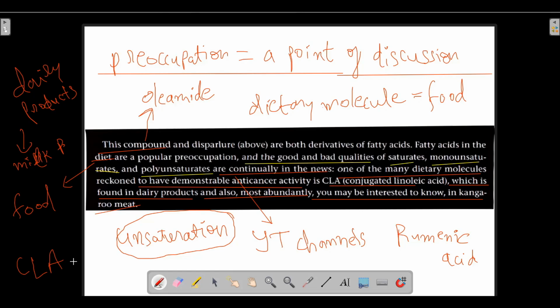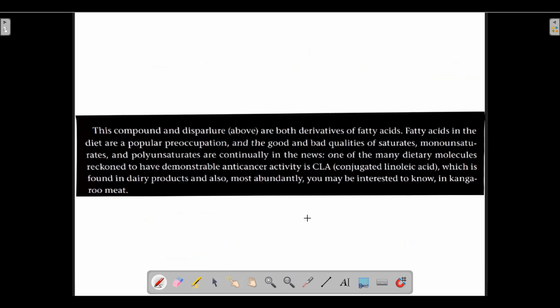Okay, and also the most abundant source of CLA is kangaroo meat. Kangaroo meat is the most abundant source of CLA.